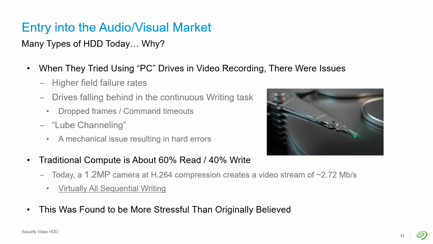Then we get that binary stream recorded onto the disk and then read back off the disk. So there's this continuing writing and reading that is highly sequential.